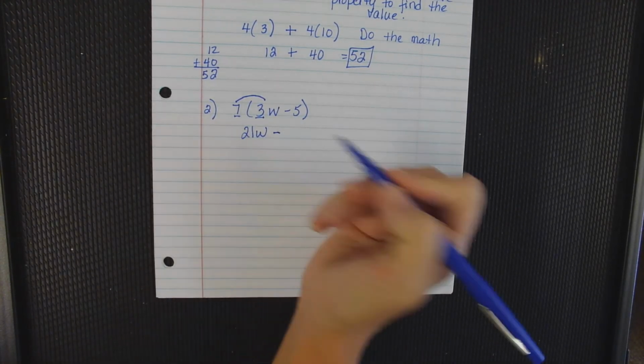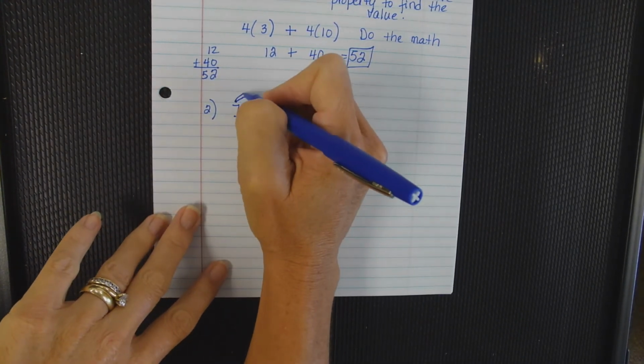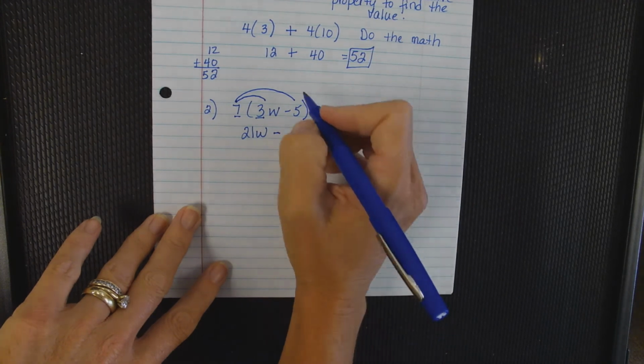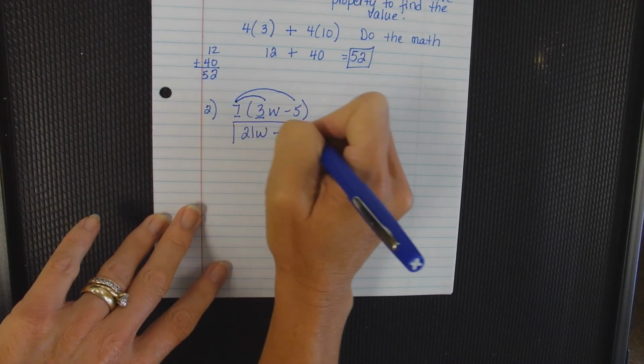Minus, bring the minus down, subtraction, sorry. I also am going to do 7 times 5, and 7 times 5 is 35. And this is your answer, that's all you do.